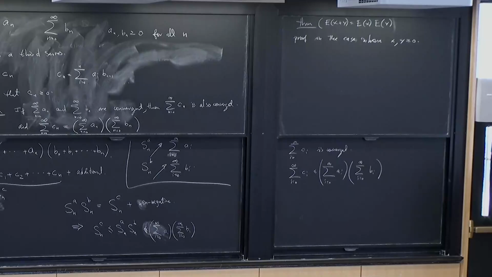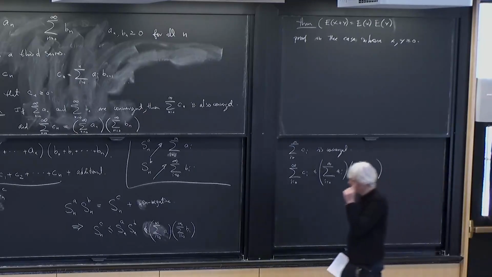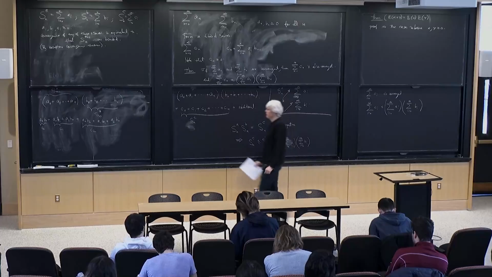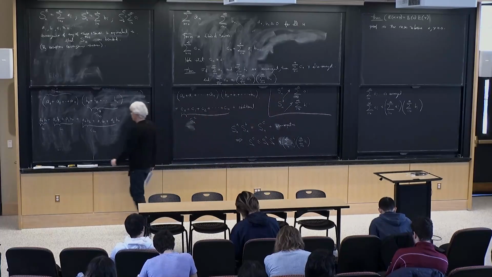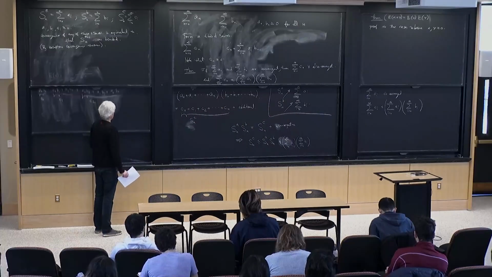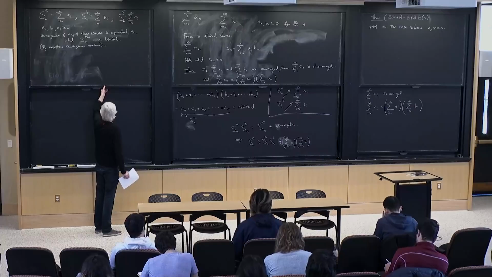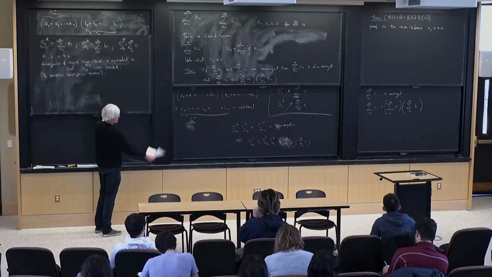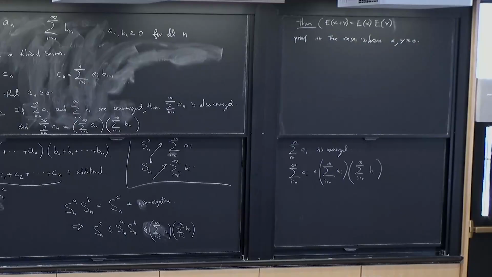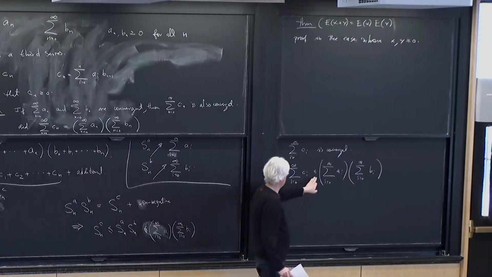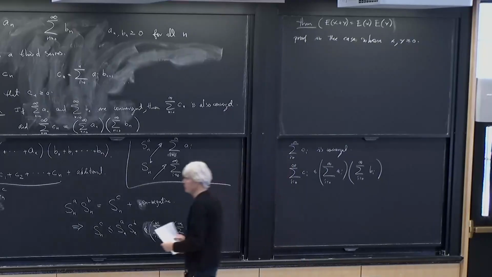Okay, now we want to get the reverse inequality also, so that we can say that those two things are actually equal. Now let's see how we prove the reverse of this inequality.